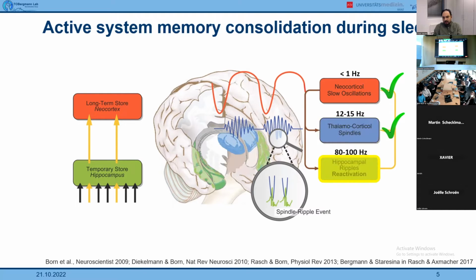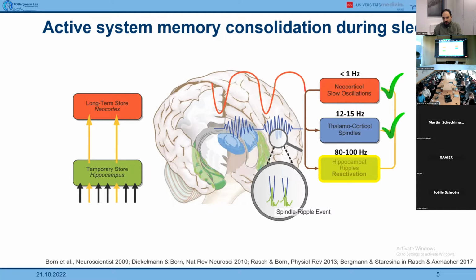And just like the slow oscillations trigger a spindle, the spindle in turn triggers the occurrence of a hippocampal ripple, and this hippocampal ripple has been shown very nicely in animal work to represent the reactivation of hippocampal memories.